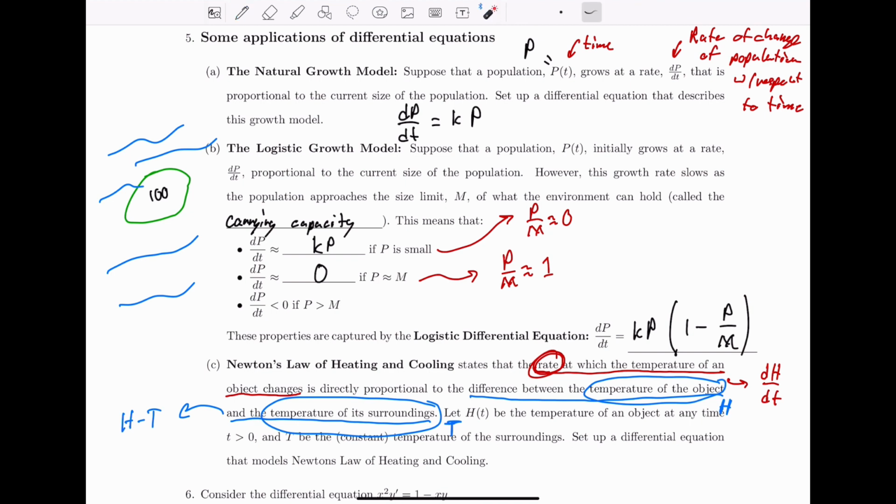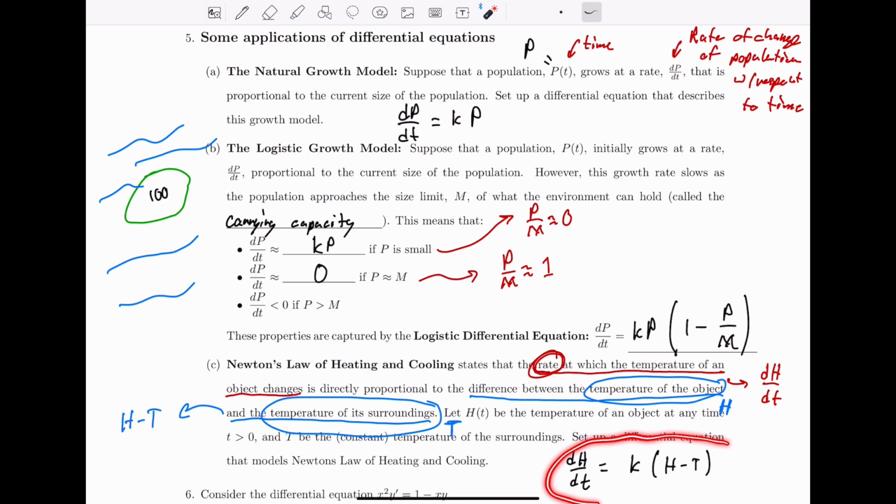Newton's law of heating and cooling says that this rate is proportional to this difference. We can write that in a single equation. We can say the rate, dH/dt, is proportional to the difference, so it's some multiple of the difference H minus T.